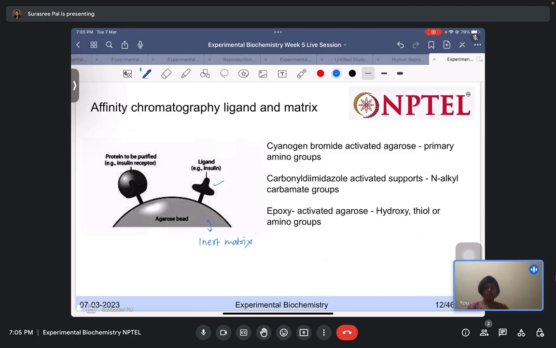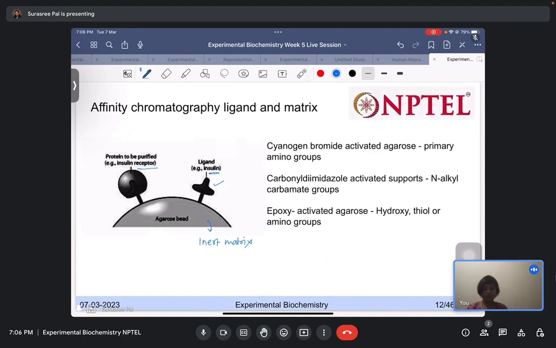So suppose we attach insulin protein as a ligand on the agarose beads, and we have a protein sample where we have the insulin receptors along with other proteins. So now if we run this protein sample through these agarose beads, then what will happen?